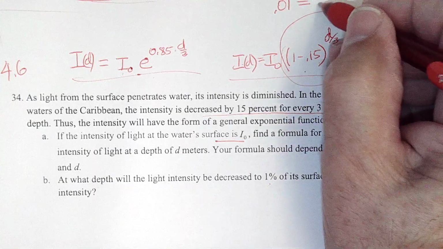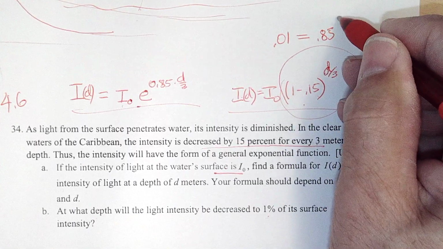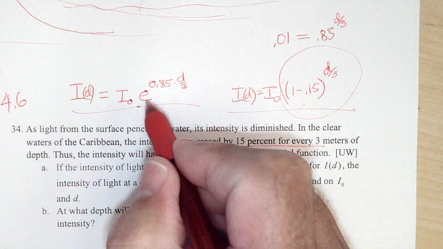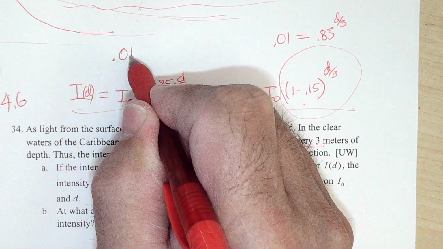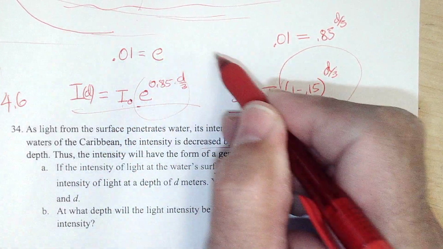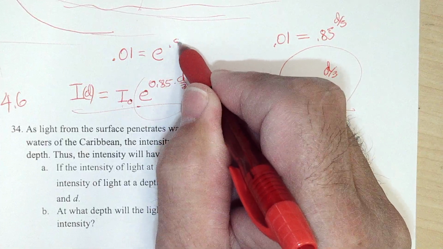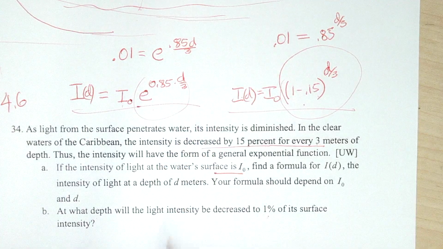And this would be 0.85 to the d over 3. Or if I was doing this model, this would have to be 1%, to the 0.85 d divided by 3.